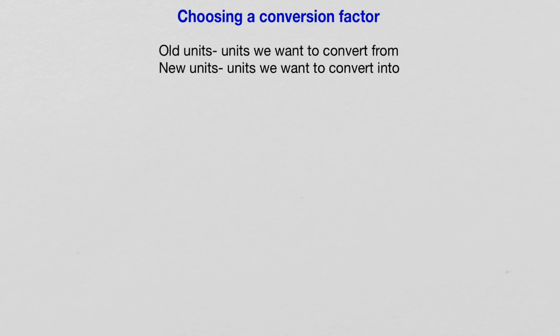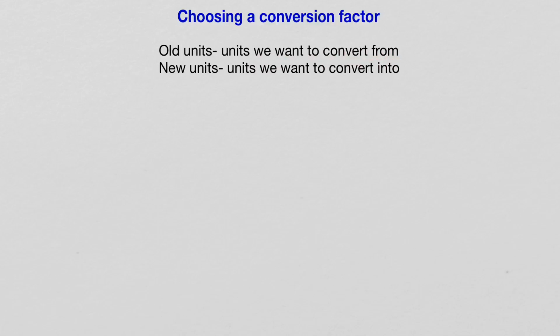So how exactly does one choose a conversion factor when they want to do a conversion of units? First we must define units as in old units and new units. Old units are the units that we want to convert from.